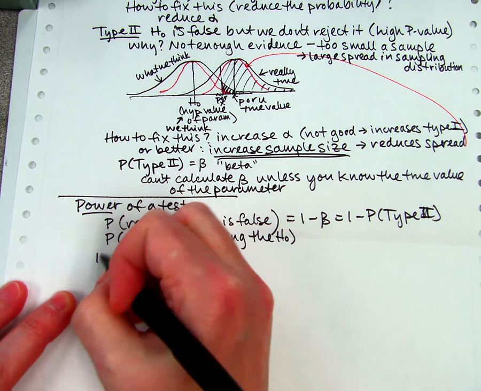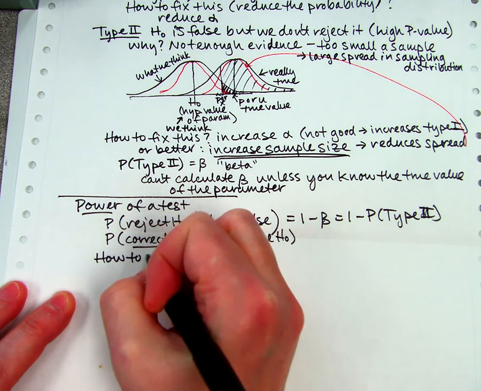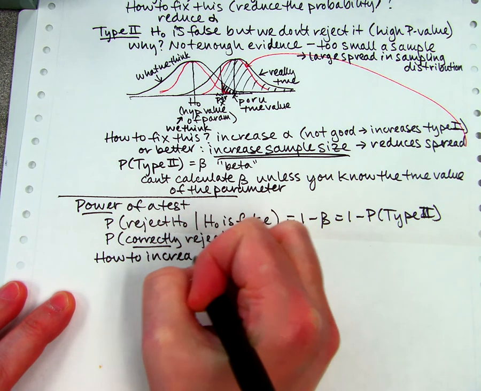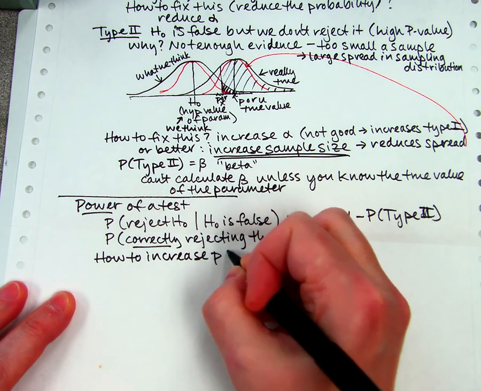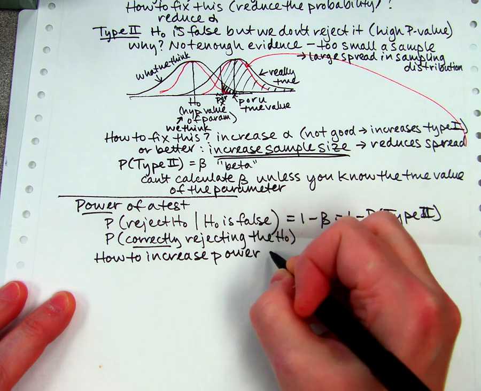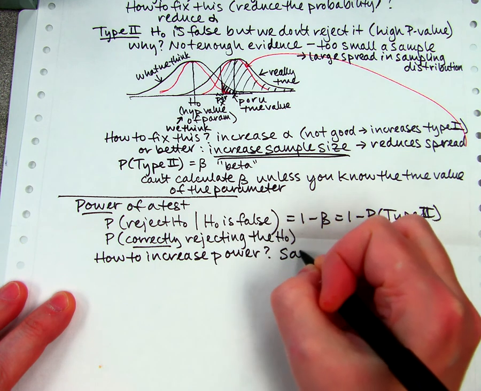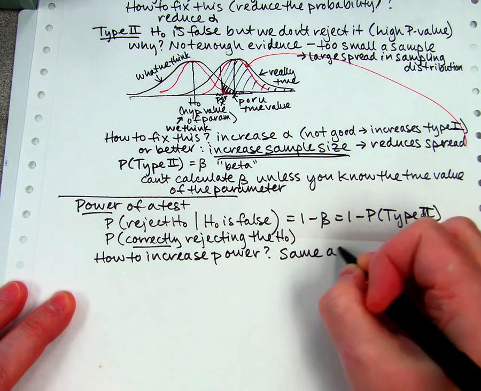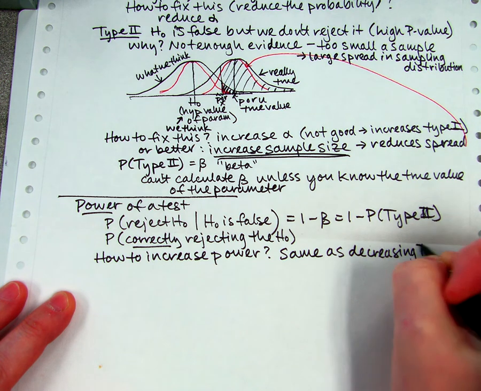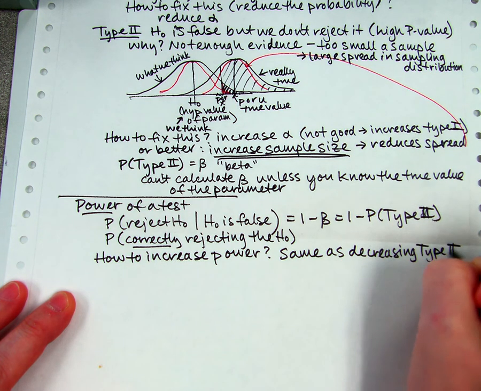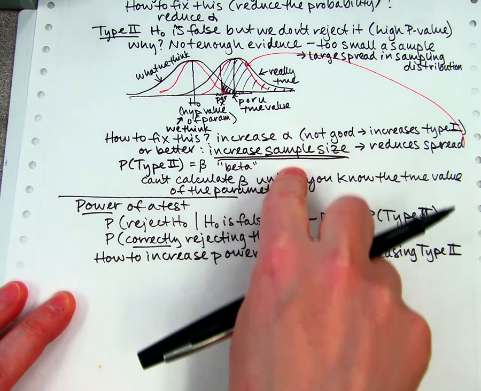And so to increase the power, which is the main thing you need to know, is how to increase the power. You don't have to know how to calculate the power. It is the same as decreasing a type 2 error. And so the same thing I said up here, there's two ways to do it.